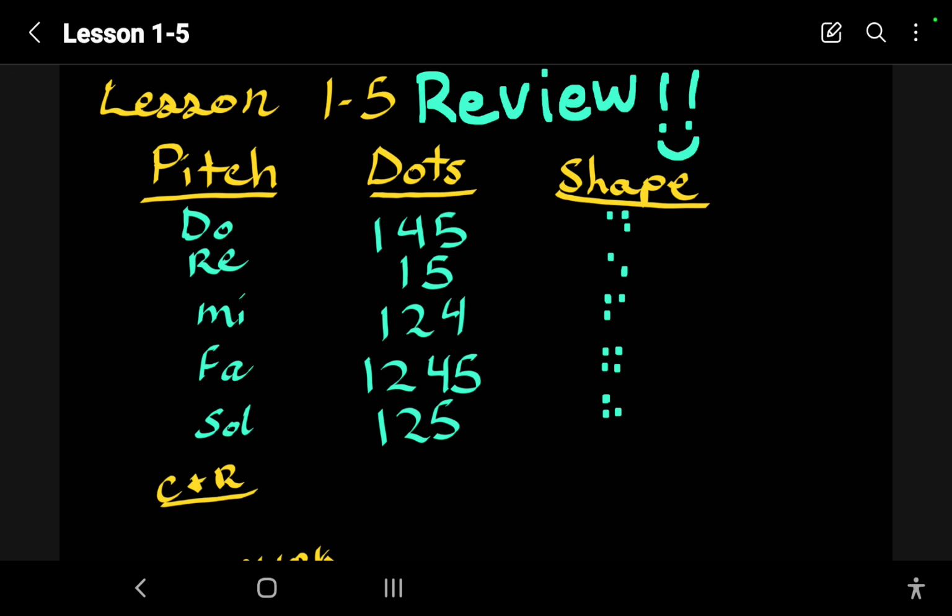Pause. And last but not least, here is number 7. Here is your Do. And here is the melody. Pause. Here is number 7 for the second time.